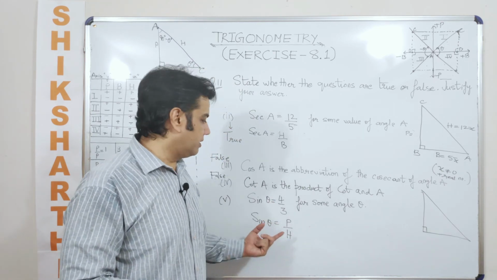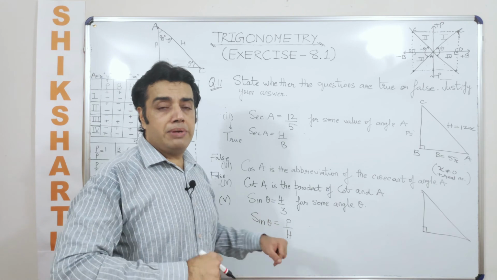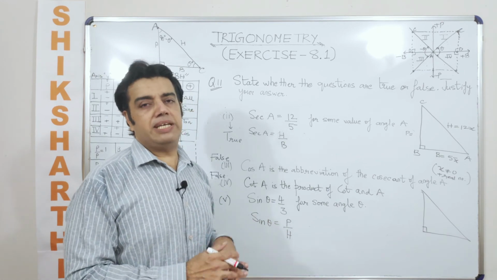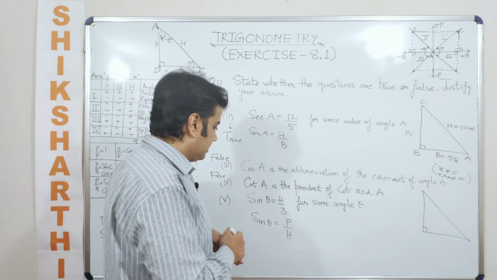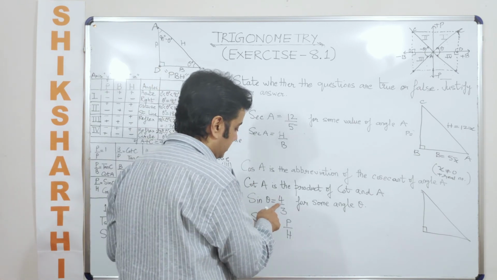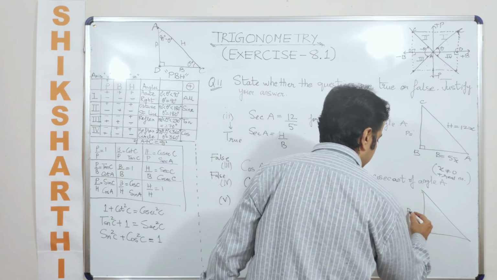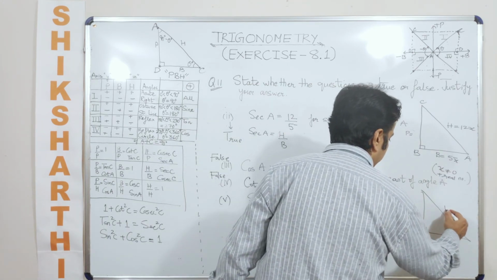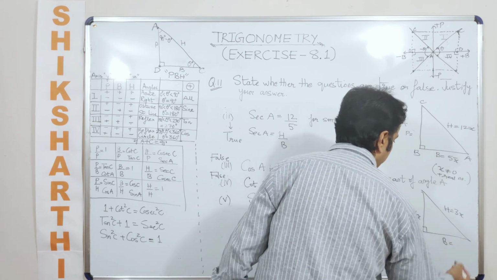Without this also we could have done it, but just trying to understand this. In my earlier videos also we have talked about this, but I am talking about this once again because we are dealing with this question. So the question says sine theta is equal to 4 by 3, and here the value of the perpendicular is 4x. Let's say the value of the hypotenuse here is 3x, and the base we can always find out.